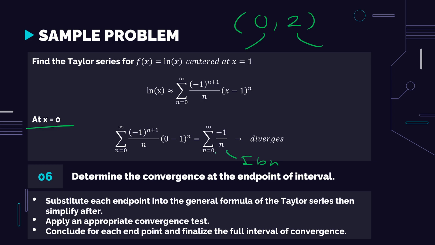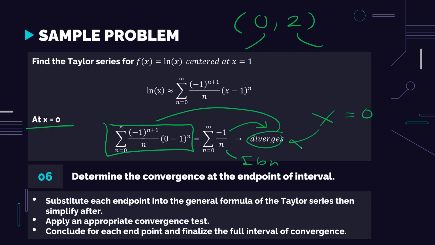What is the most applicable here? Actually, you can use the p-series test. Using the p-series test, the series will diverge. And since it diverges, so does our original series. So if x is equal to 0, we know that it diverges.